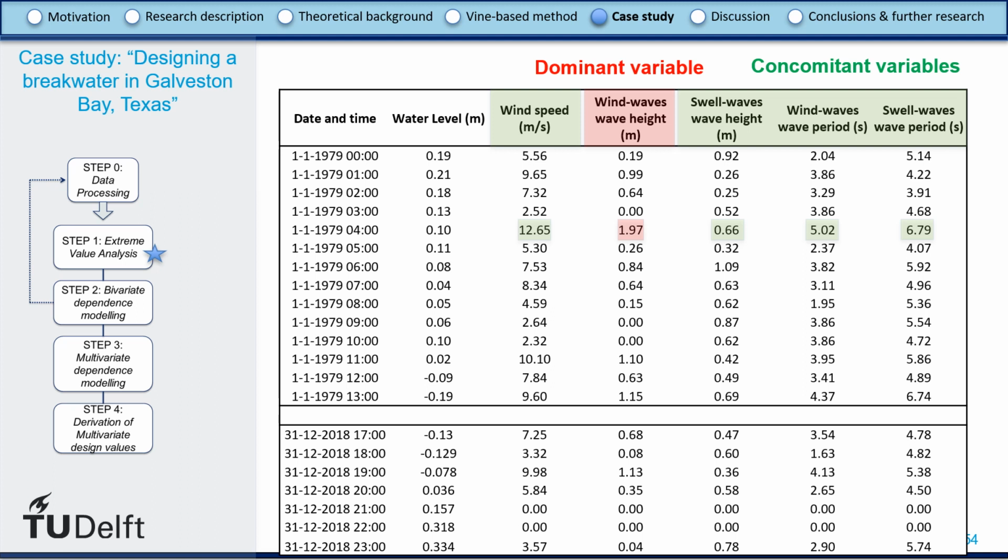So for example, if we find the most extreme value in this part of the data set for the wind waves, which is 1.97 meters, we then select the concomitant values that occur together with this extreme value for the wave height of wind waves.